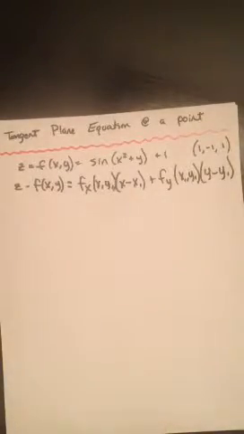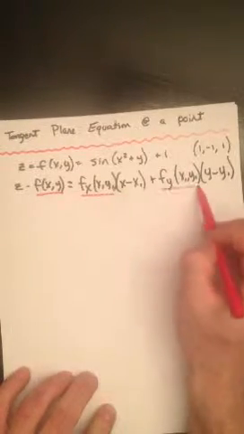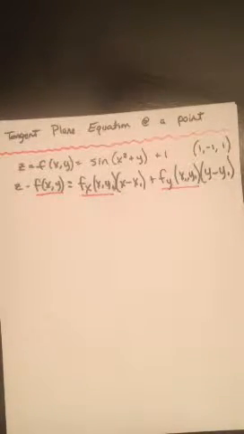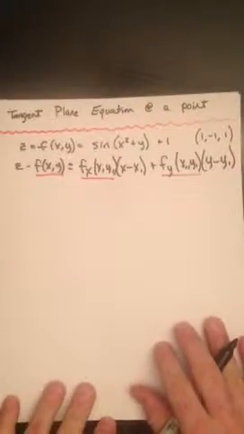Pretty straightforward. So all we really need to find here is this value, this value, this value. And then just clean it up and simplify it all out, and we will have our solution.